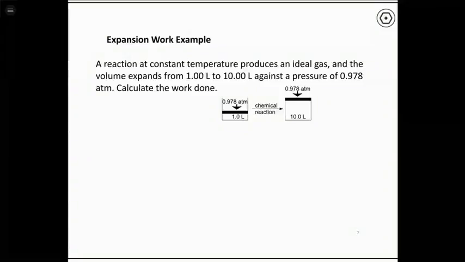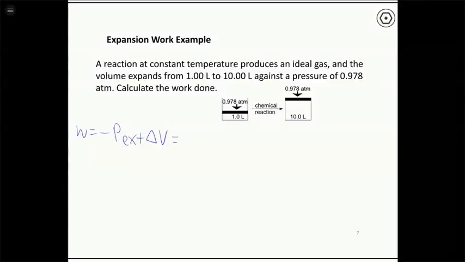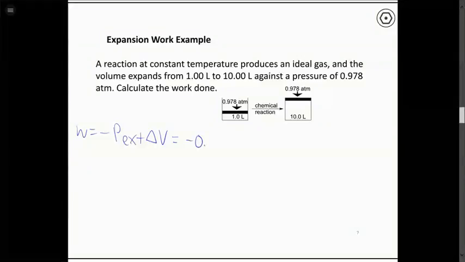All right, so like I said, there's only one simple equation that we have to know how to use for this. The work is going to be negative P external times the change in volume, delta V. So our constant external pressure, this is the only type we're going to be dealing with, is 0.978 atmospheres. So that's the external pressure that the gas is expanding against. And then the change in volume, delta V, is, remember, final minus initial, anytime you see delta.